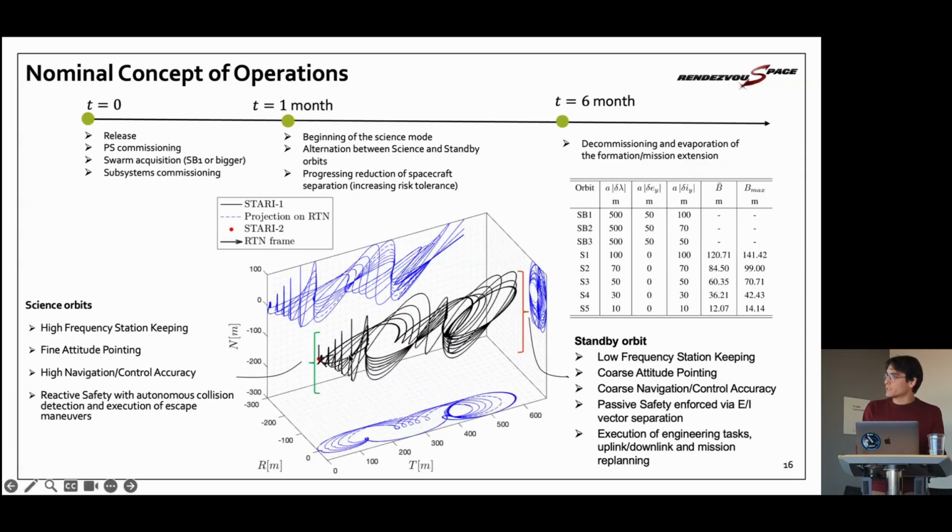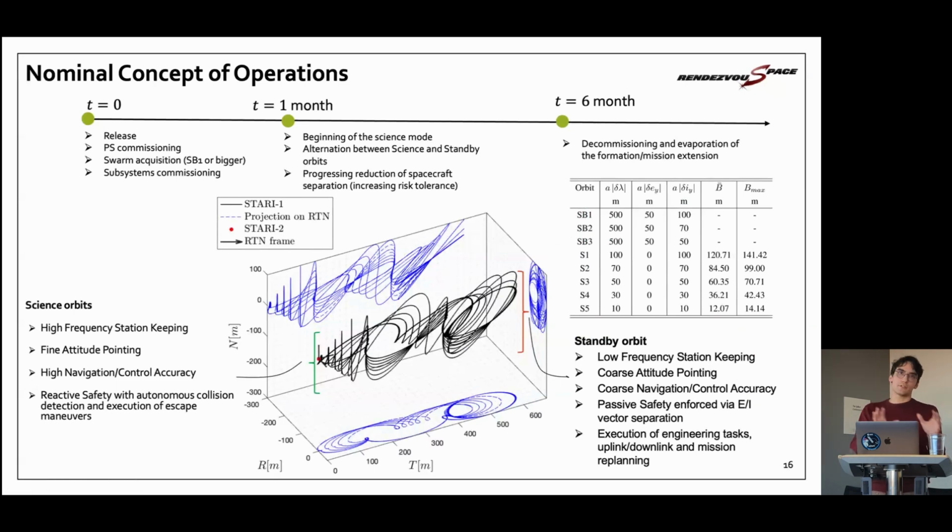We move from these relatively far away science orbits to science orbits that are 20 meters away. And in moving back to the science orbit, we save propellant by progressively decreasing the inclination of the standby orbit to match the amplitude of the relative inclination vector.